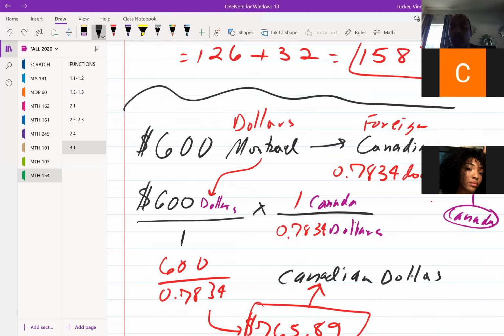So I did $0.7834 to my foreign, and my foreign in this example was Canadian. My $600 is what I have initially. So I would do 1 over 0.7834 so that my dollars can cancel.